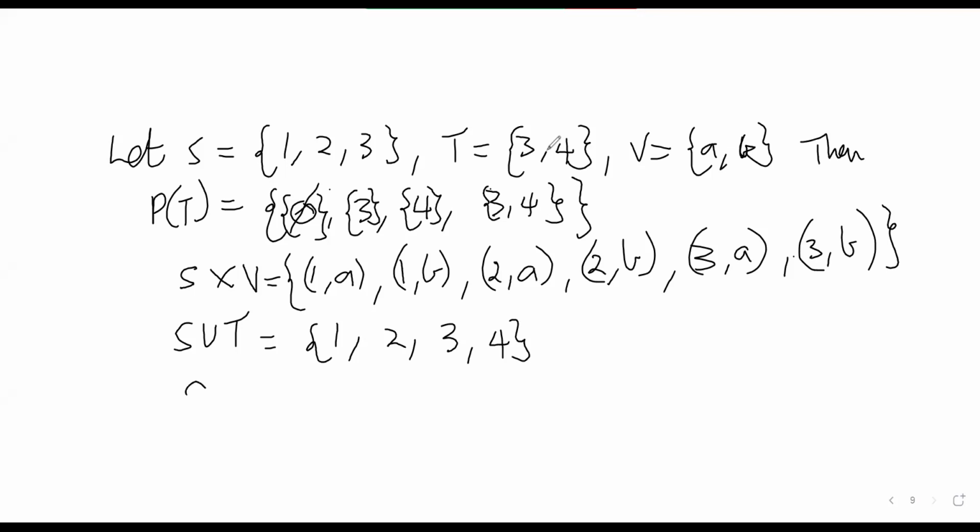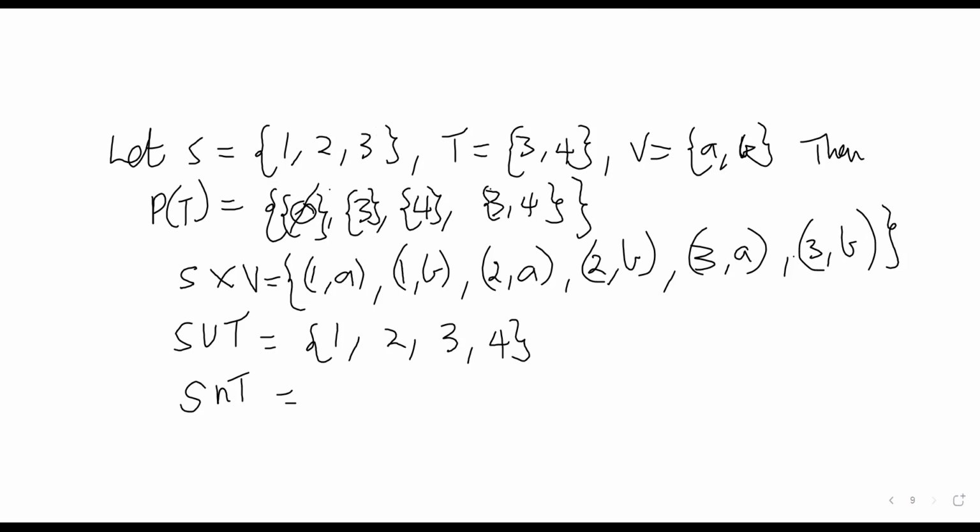Then we have S intersection T, which will give us what is in S and is also in T. So what item is in S and T? Three.